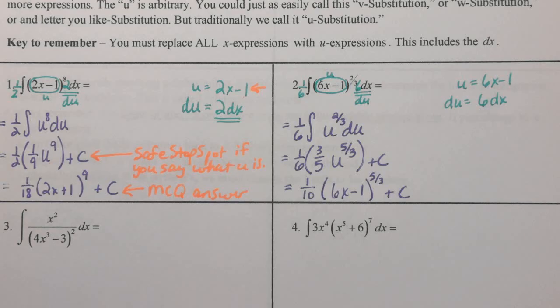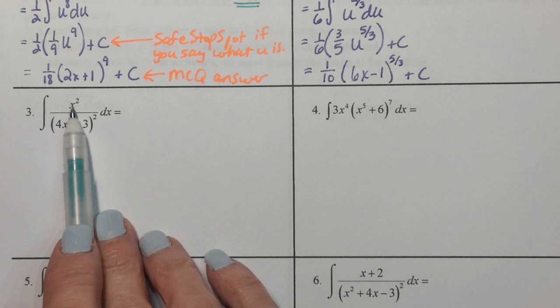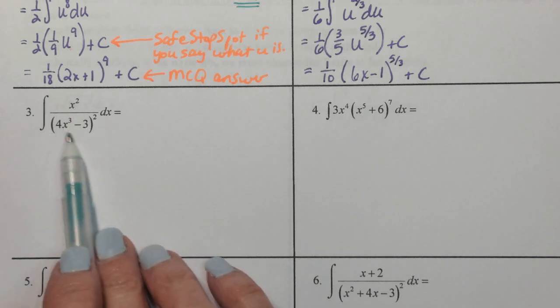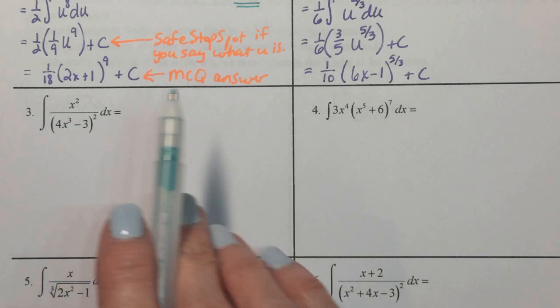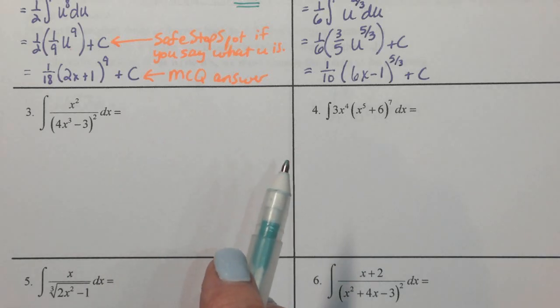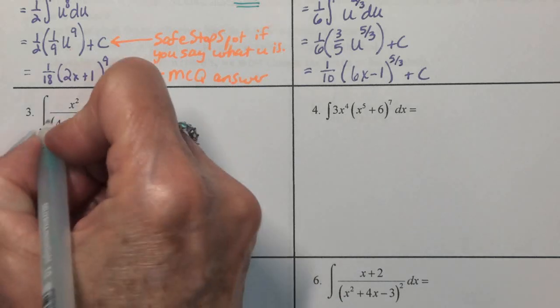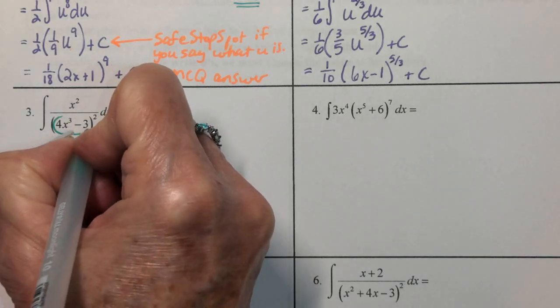Alrighty, let's look at number 3 here. In number 3, what is being raised to the power? Well, I have two things being raised to a power. I have x to the second power, and I have this to the second power. When you're trying to decide what to let u equal, let it be the more complicated thing. So this is going to be my u.